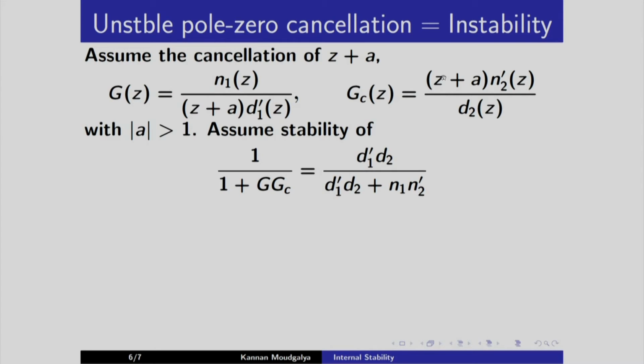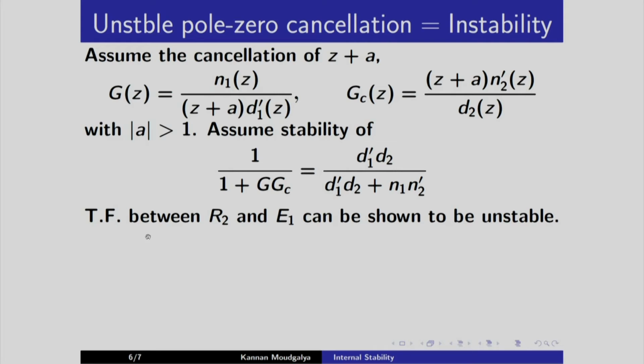When I substitute these two, it will result in this expression. So this says that d1 prime d2 plus n1 n2 prime has its zeros inside the unit circle. That is, this transfer function has its poles inside the unit circle.